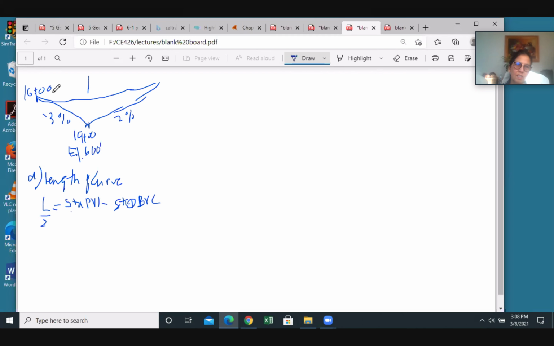We know that's at L over 2, so this value is only L over 2. So you can solve for L. L is equal to 300 times 2, or 600 feet. 1900 minus 1600 multiplied by 2 will give you 600 feet.